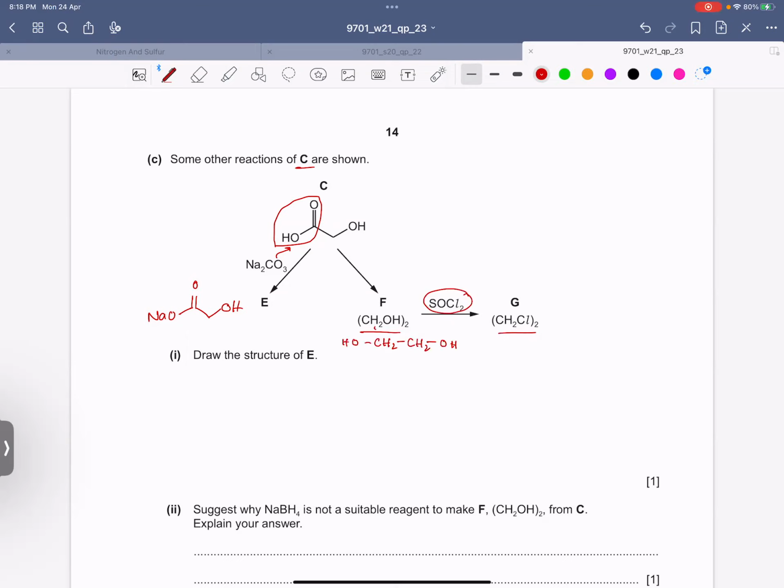And if it has a diol, then this reaction must be a reduction reaction where we have used LiAlH4 in dry ether, and what it did is reduce the carboxylic acid into an alcohol. This carboxylic acid part is converted into an alcohol. Is this clear to everyone?